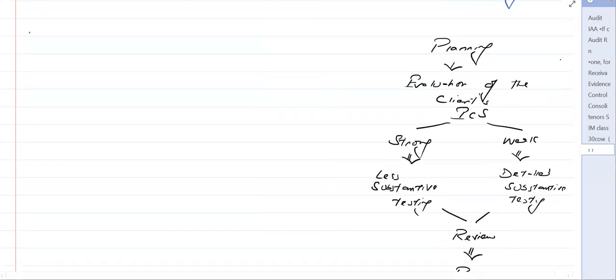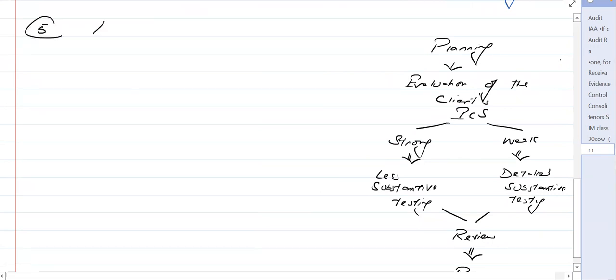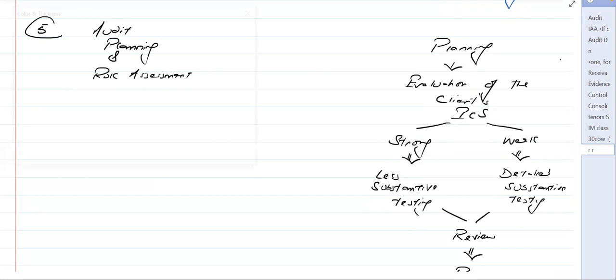Now, chapter number 5 is going to be audit planning and risk assessment. In this chapter, we are going to talk about audit planning.